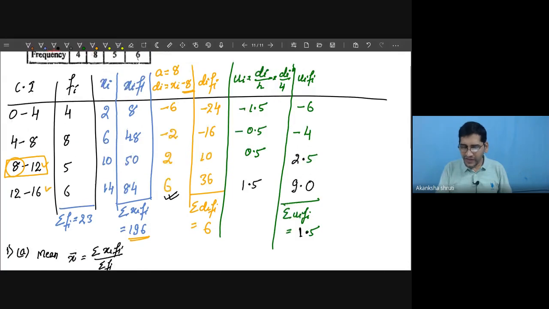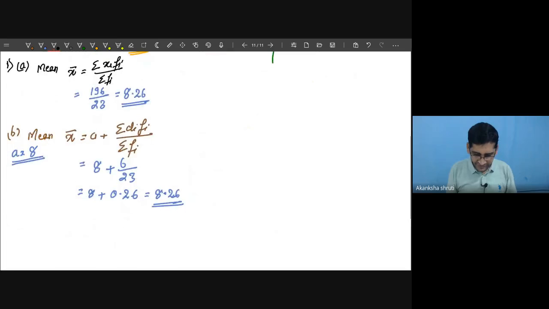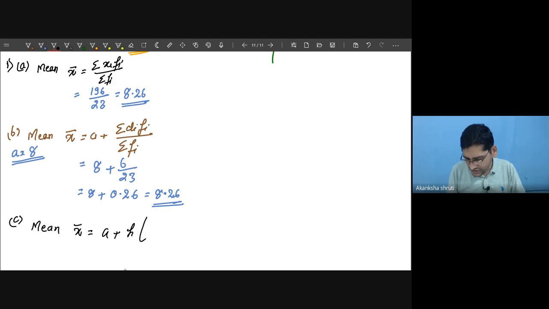Now we are in the step deviation method. In this case, the mean x bar is obtained by the formula a plus h times the summation of ui fi divided by the summation of fi.